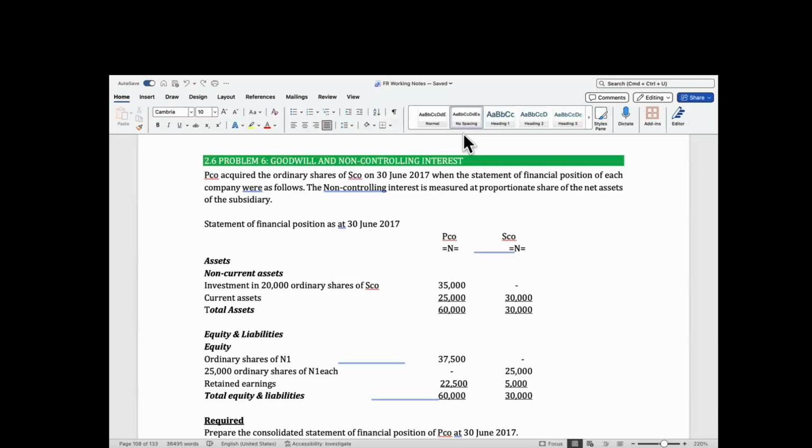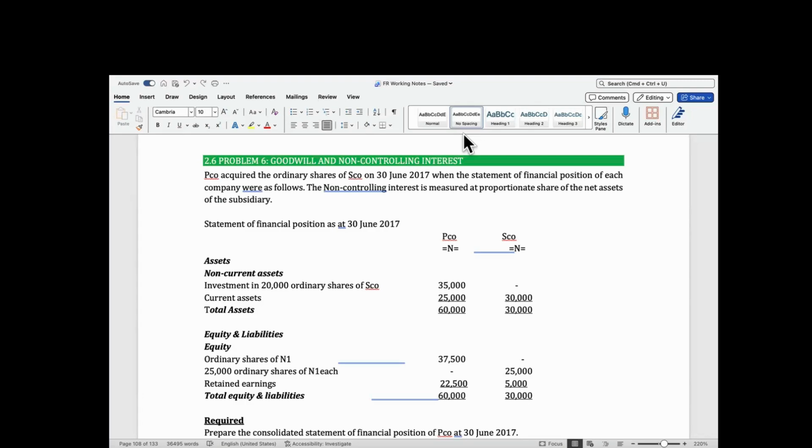We also looked at a scenario where we cancelled out and the parent did not buy 100% holding in the subsidiary, in that there was now a balance in the share capital, which now belongs to outsiders, which we call non-controlling interest. We consolidated that as well, but we called it non-controlling interest. We did not consolidate it as share capital because it is not the share capital of the group, because it belongs to outsiders.